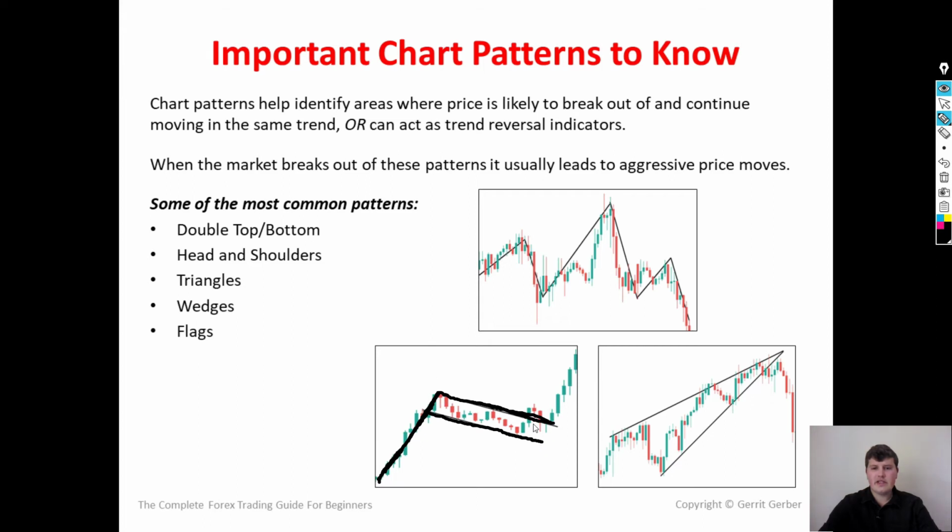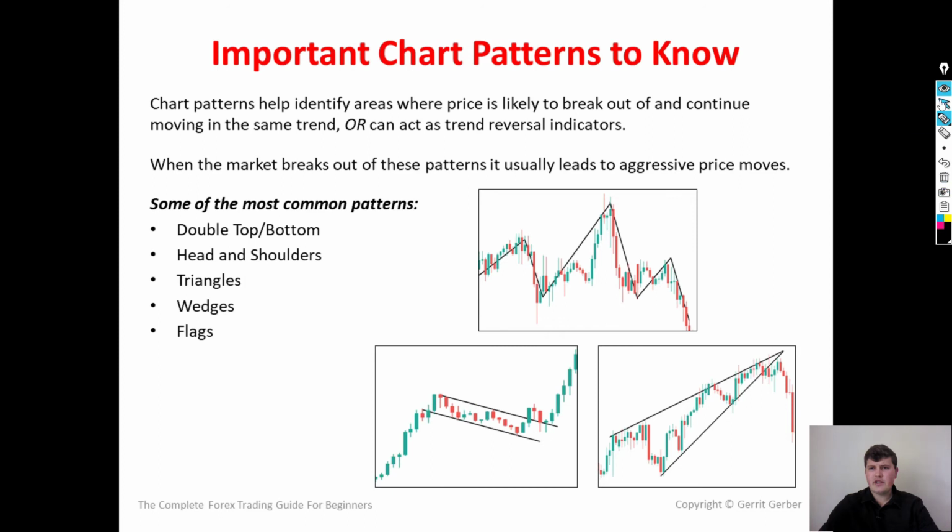So you expect a continuation move when you see this chart pattern in the market. Likewise for bearish chart patterns with a downward movement, the downward flagpole, you expect some sort of consolidation and then a continuation in the same preceding trend.